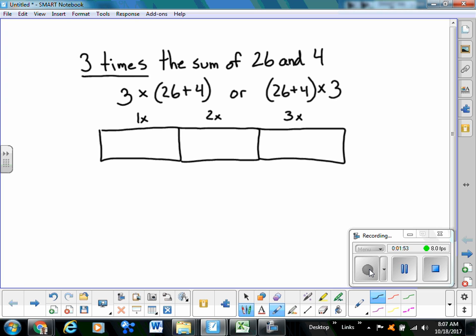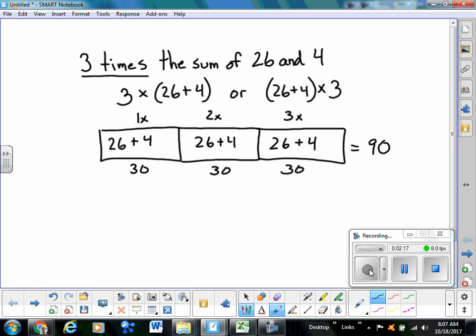And then inside each box, we want 26 plus 4, 26 plus 4, and 26 plus 4. If we were then going to solve it, 26 and 4 is 30, 30, and 30, which would equal 90.